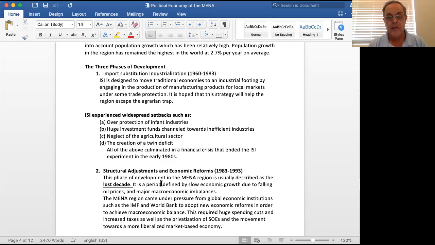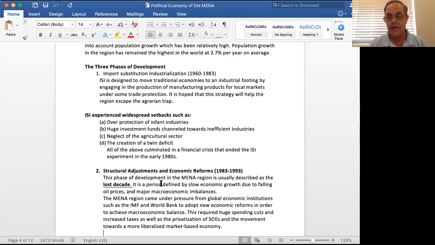And again, the MENA region came under pressure from global economic institutions, such as the IMF and the World Bank, to adopt new economic reforms in order to achieve macroeconomic balance, because they felt that the only way out of this predicament that they found themselves in because of the ISI strategy was to make economic reforms.